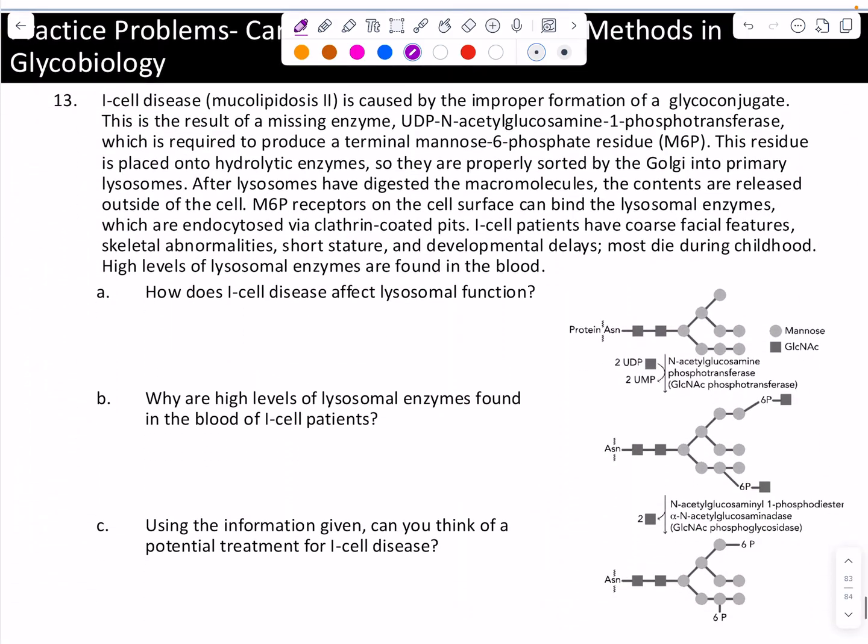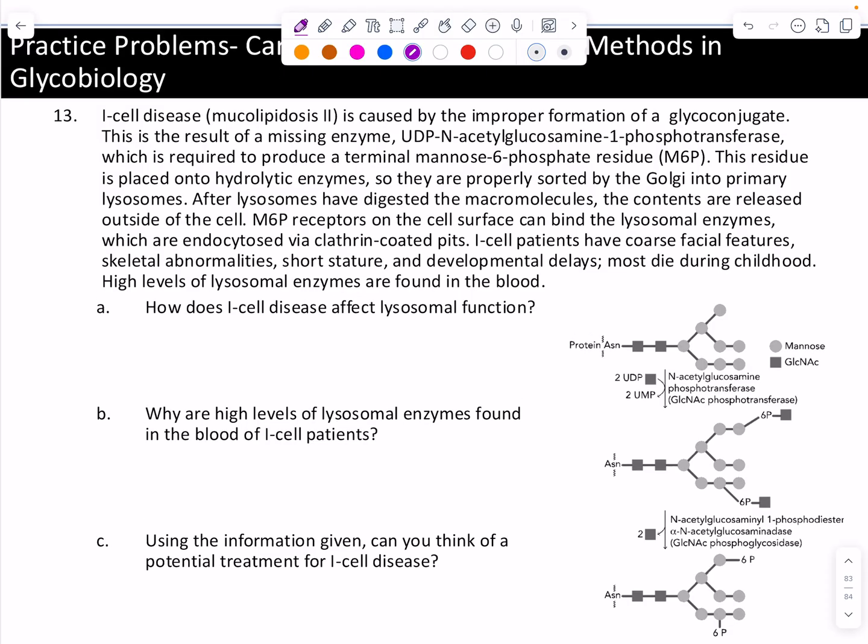Okay, so the last practice problem we're going to do is kind of a case study in something called I-cell disease. So I-cell disease, okay, is a disease that is caused because you can't form a glycoconjugate properly, okay? And as usual, it's going to be the result of a missing enzyme, okay?